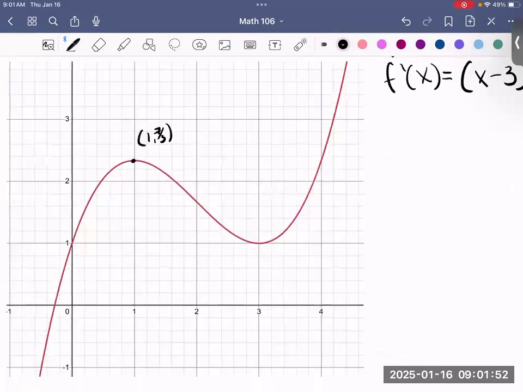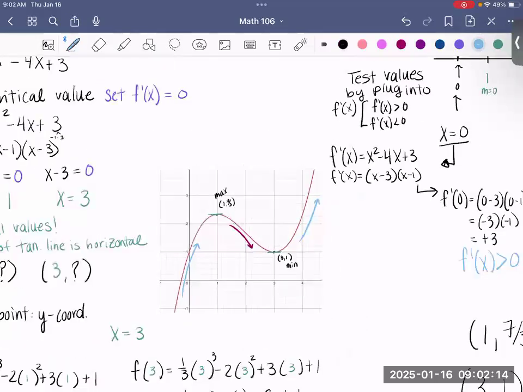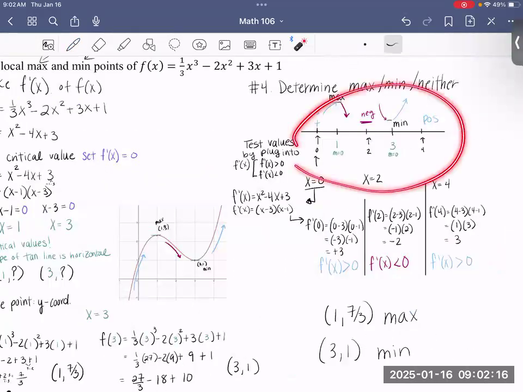And then we had another one at (3, 1), where you can see a nice flat line. We had your max and we have your min. Notice that we're going up and down, up and down. We start to go up, we change direction, we come back down, and then one more time, a switch in that direction. That is exactly what we're testing for over here.